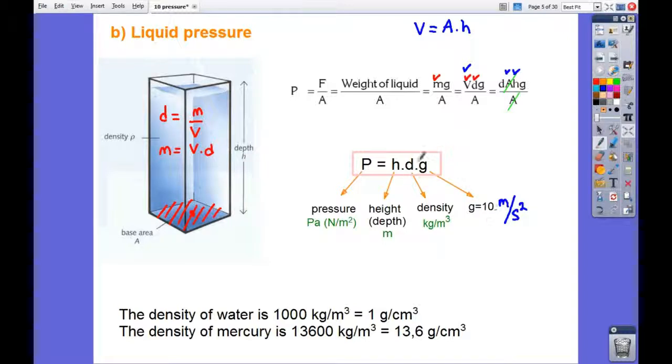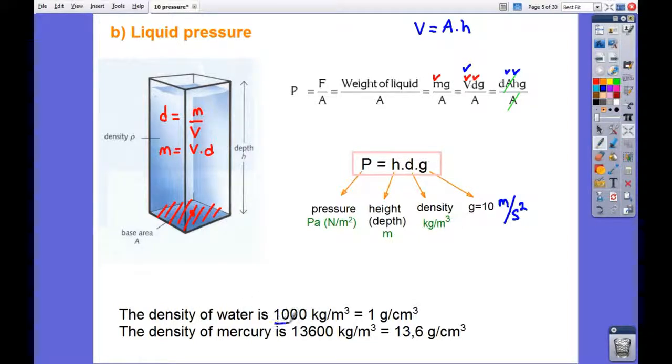As you can see here, there is no area variable, so it doesn't depend on area. It only depends on the depth, the density of the liquid, and the gravitational acceleration. Here there are several quantities that you have to memorize very well.